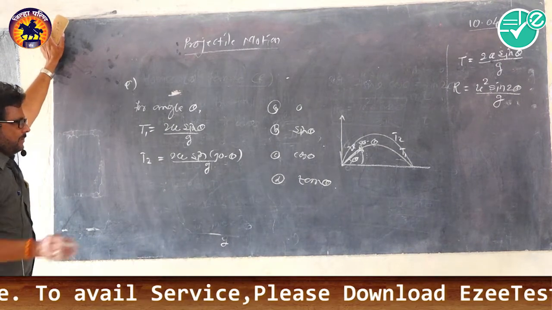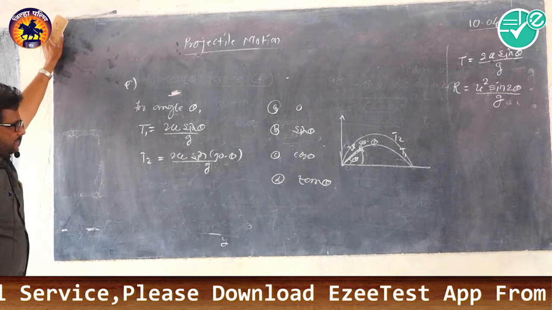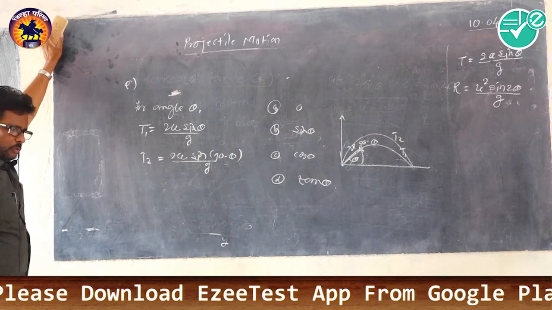We have to find the ratio of the two times of flight. Then what we have to do?